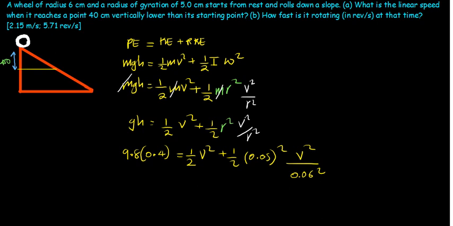Also square that. So let's multiply 9.8 by 0.4. That is 3.92, and that is going to be equal to 1 over 2 v squared plus. So here I'll get first 0.05, square it, and then I'm going to divide by 0.06 squared.